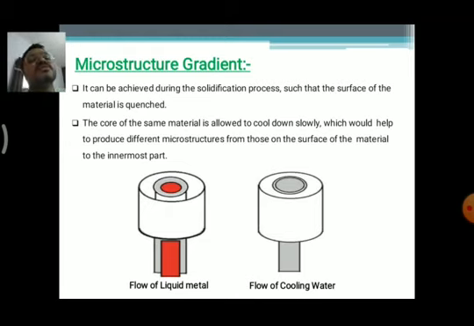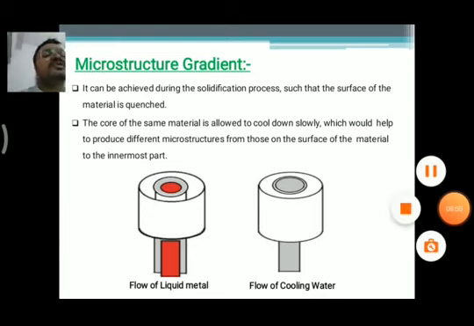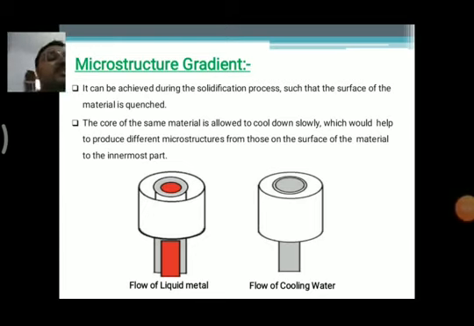The difference between the two objects is the flow of liquid metal in the left side picture and the flow of cooling water in the right side picture. That is the major difference observed in the microstructure gradient.